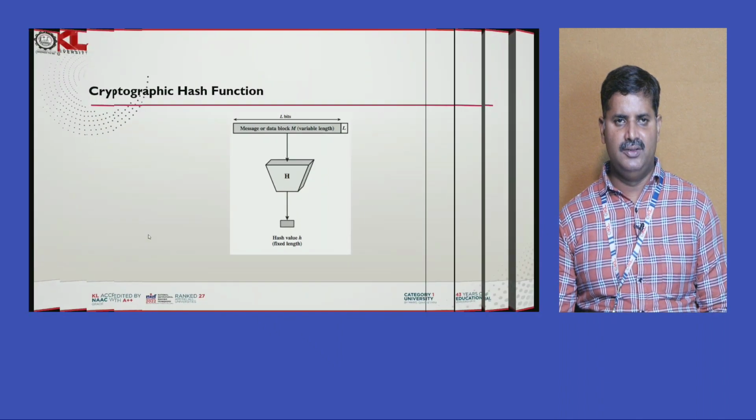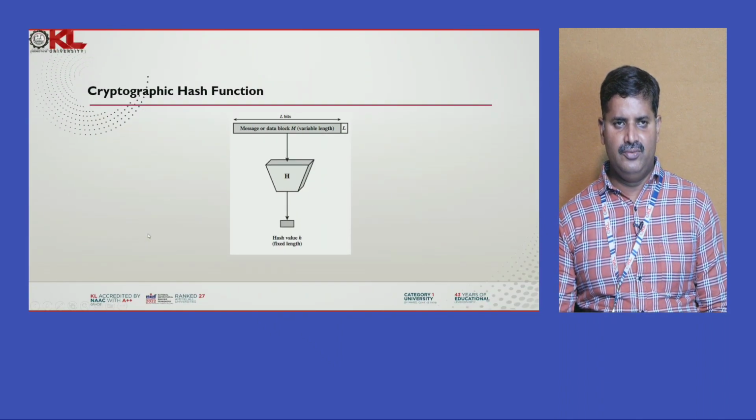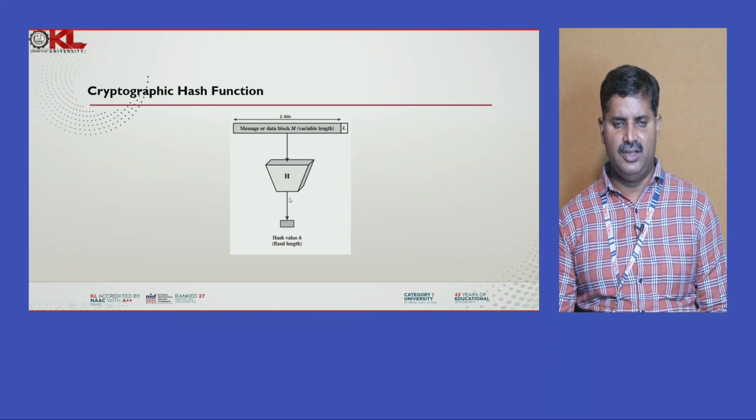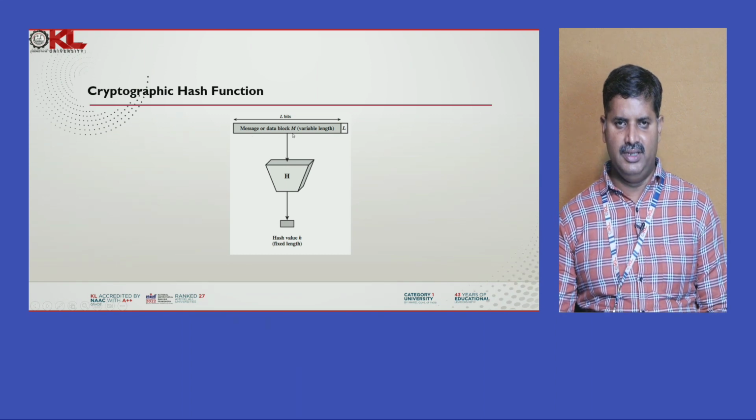So coming to the depth of the cryptographic hash function, how the input is given to the hash function and how the output comes from the hash function. Here the input to the hash function is a variable length message M along with some fixed padding information.